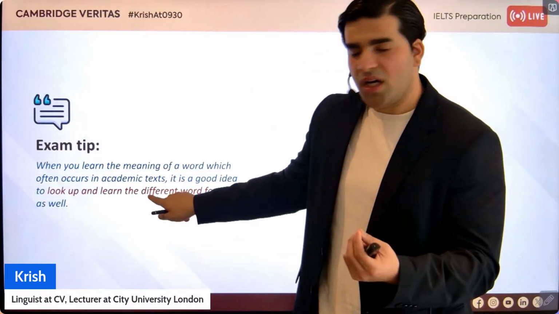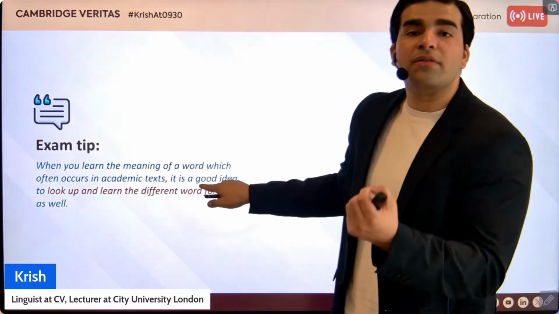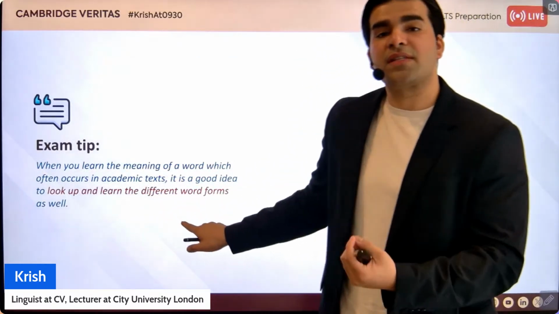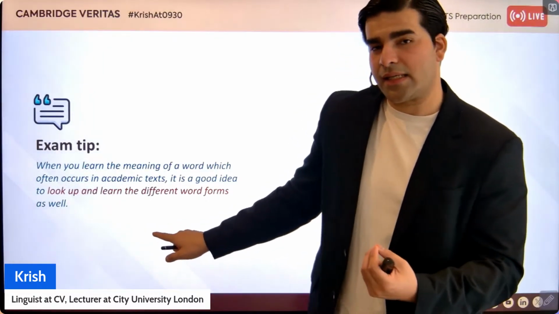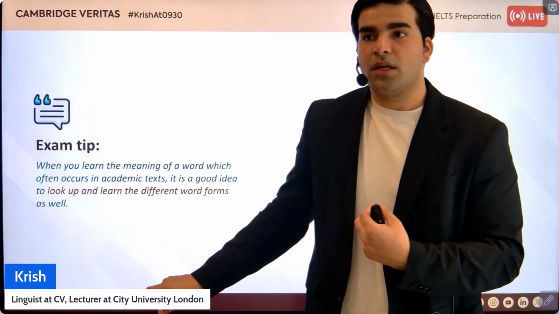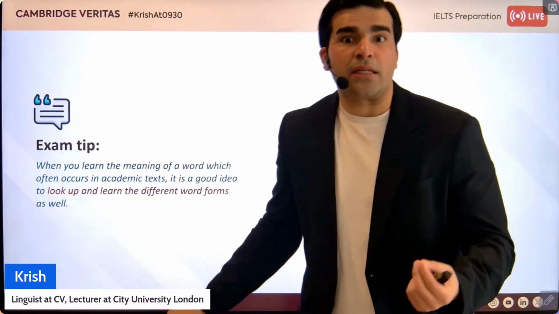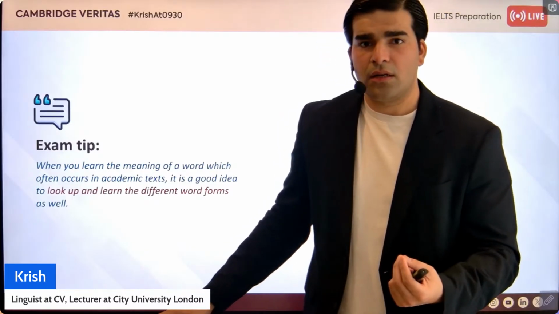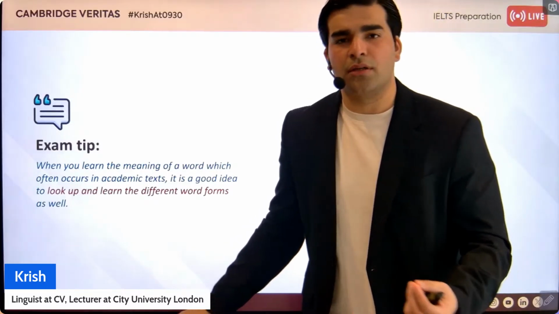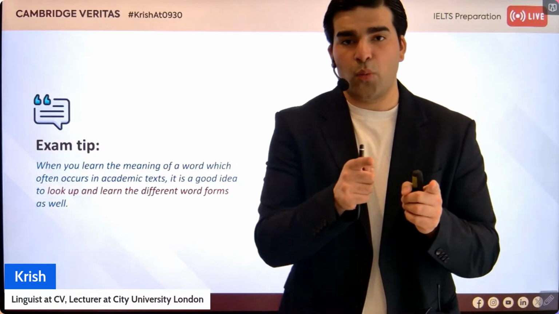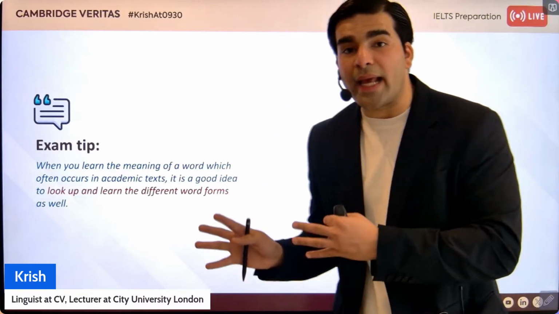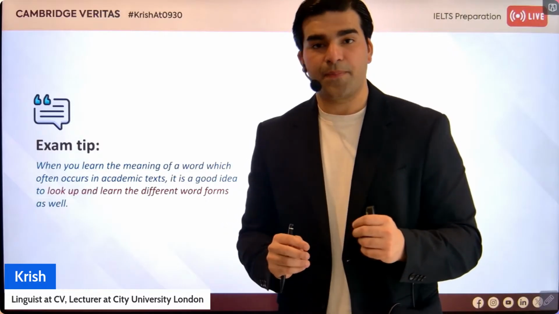When you see a word, it's always a good idea to look at other versions of the same word. So are there other versions of the word predicament that exist? For example, can we say to predicament? Is it right? Can we say predicamentation? Is it true? So what are the other versions of the same word that exist? It will help boost your vocabulary.